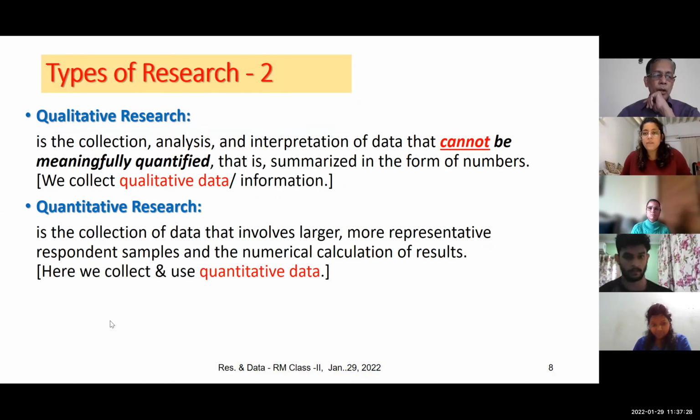So qualitative and quantitative, I think I'd called you after the previous class where we were trying to discuss this with the example of the video. When we were checking the biting strength, we were doing a quantitative study because it is something that is measured.